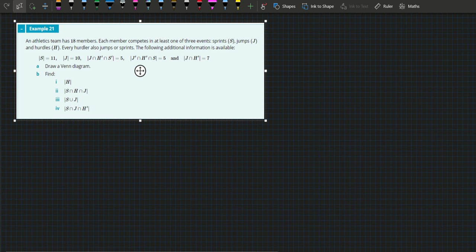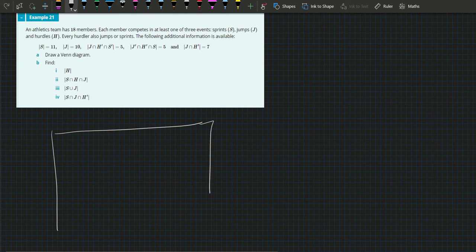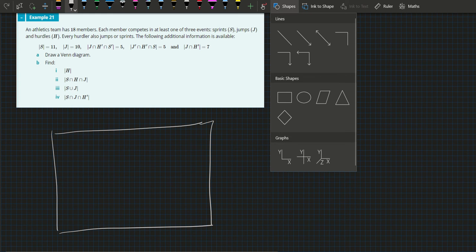The following additional information is available. So let's draw the Venn diagram before I confuse myself. So I've got my square, and we've got 3 things going on here.